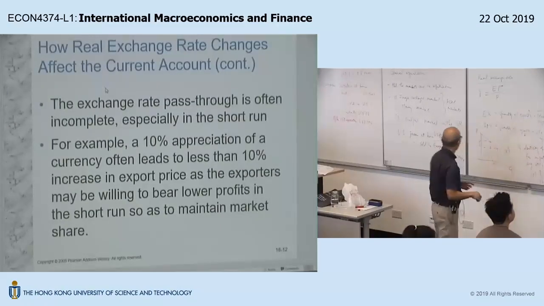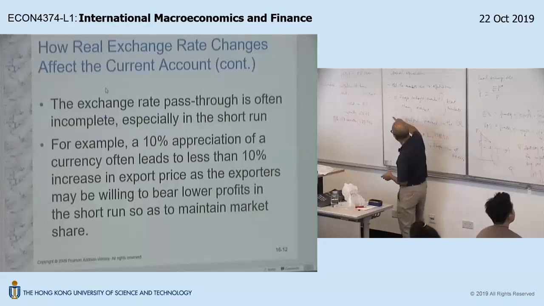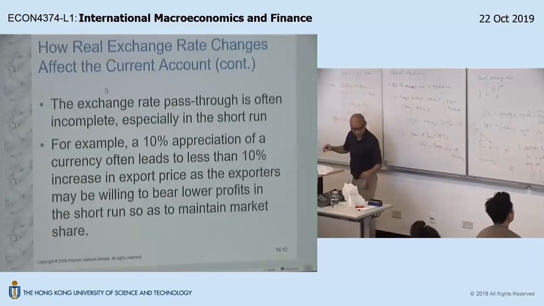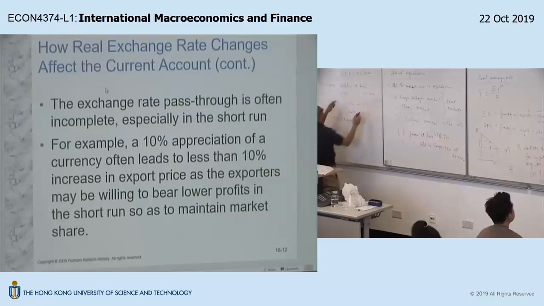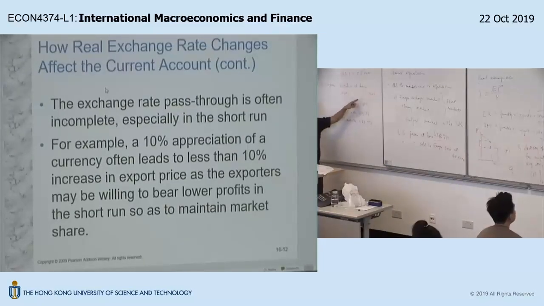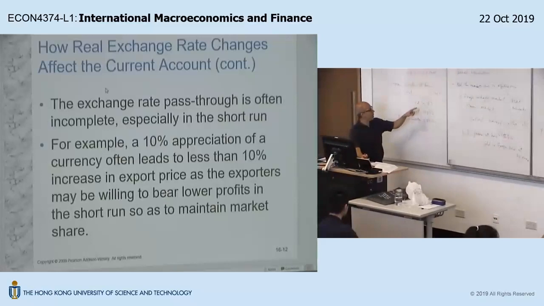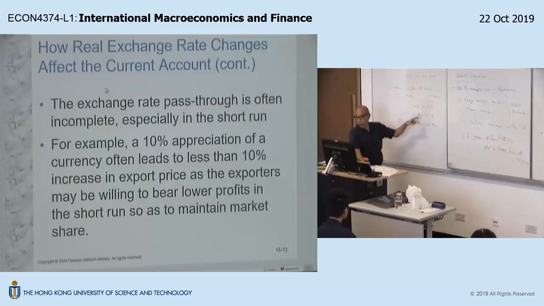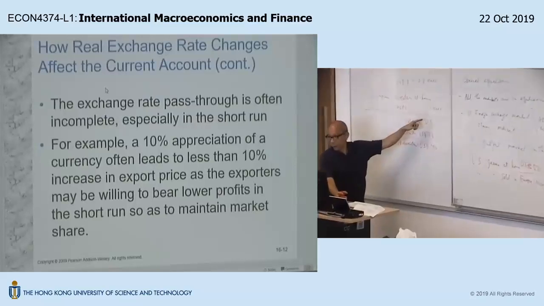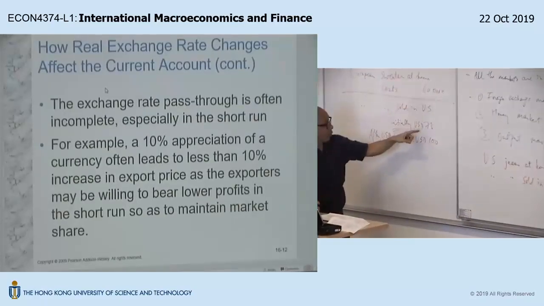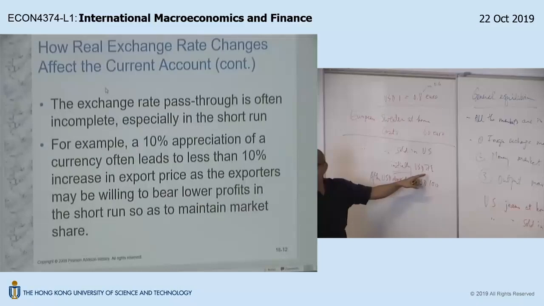Remember just now I said the Europeans sell their sweaters at home at 60 euros per piece. When they sell them in the US, they also want to collect 60 euros for the sweater. So when the US dollar depreciates, they will have to price their sweater at a higher US dollar price, because they want to get back 60 euros.